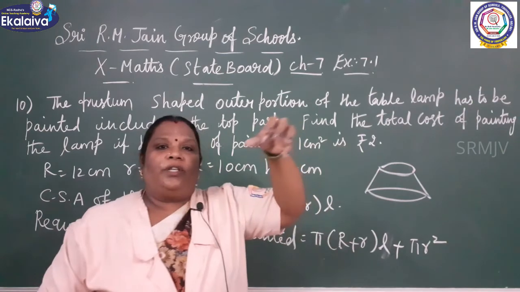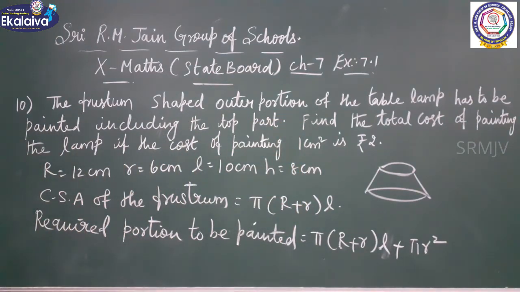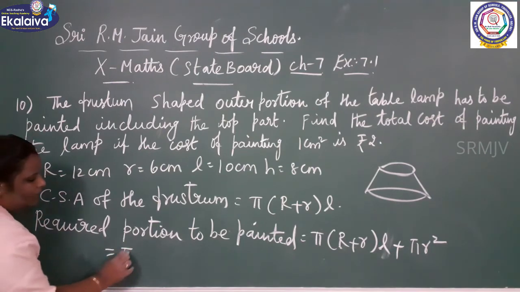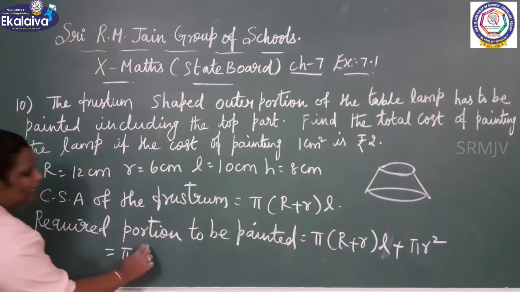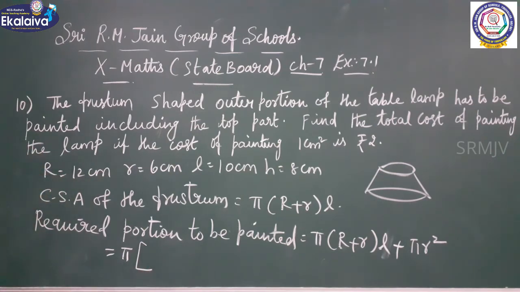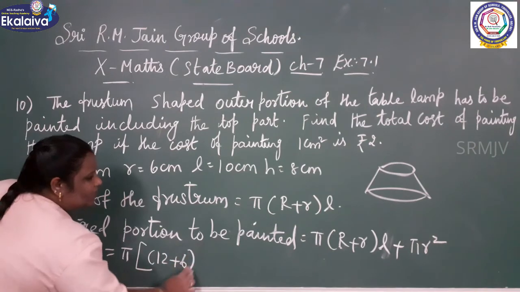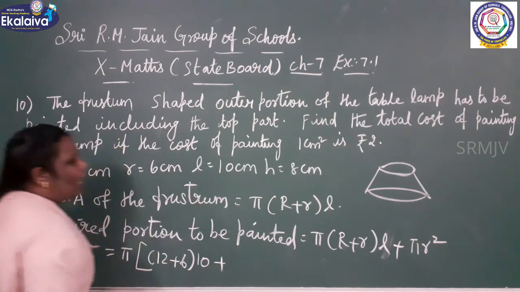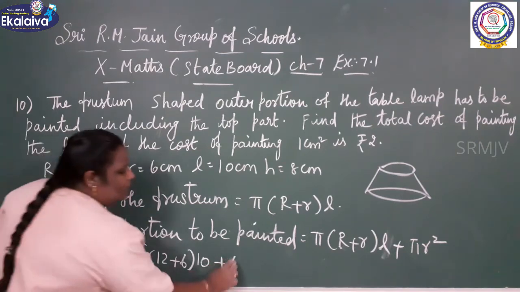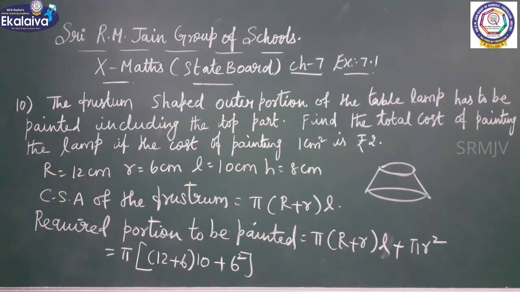What is the area of the circle? Area of the circle is pi r square. So pi, you can take it as common, pi into R plus r into L plus r square. R plus r is 12 plus 6 into L is 10, plus r value 6 square.